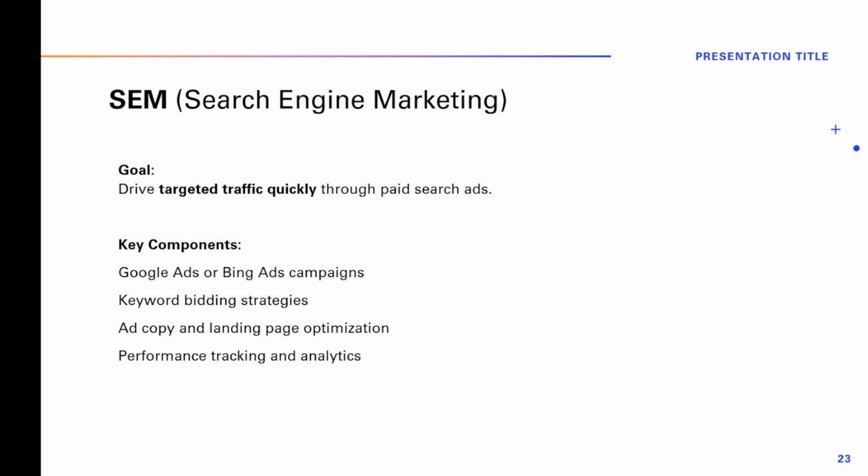The major aim is to generate targeted traffic for your website, and the key components include ads on Google, Bing, and several other search engines out there. It involves keyword bidding strategies, creating ad copies and landing pages for your ads, and then obviously optimizing the performance and ranking of those ads as well.